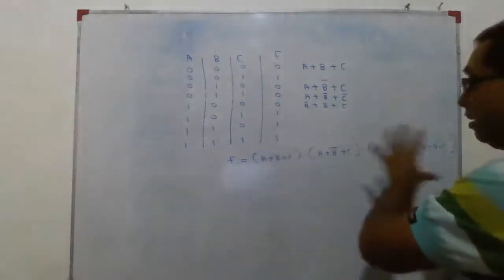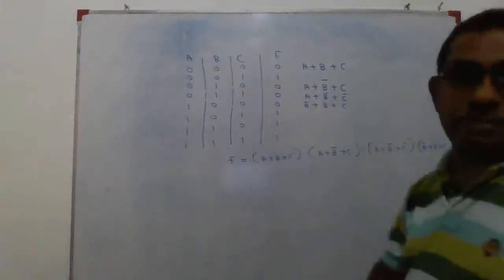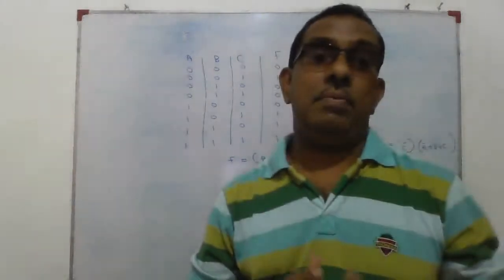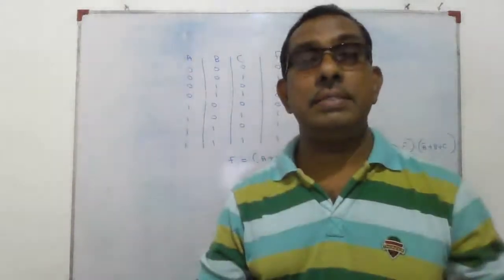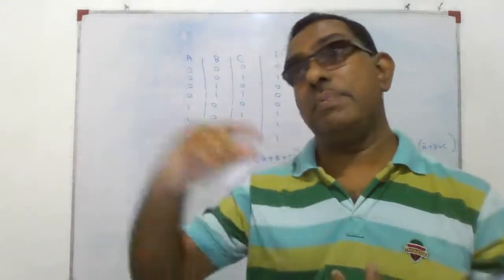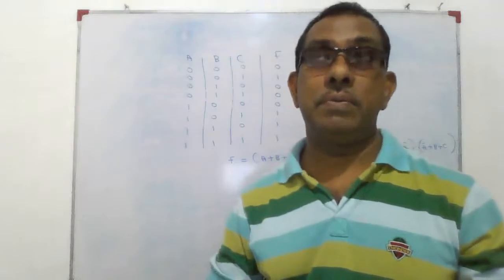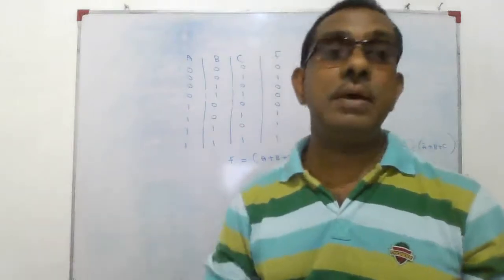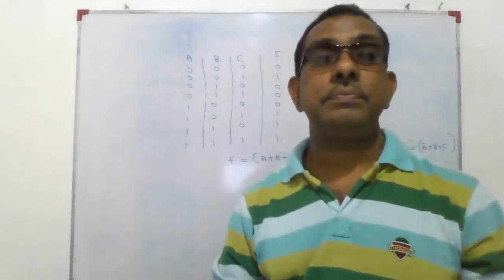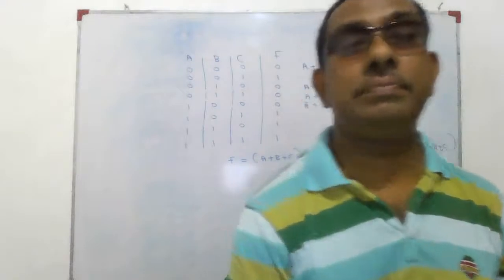If you get the Boolean equation, that is enough. But one important thing is there is a way of converting a POS statement into a SOP. That is important. So we are going to see one example.